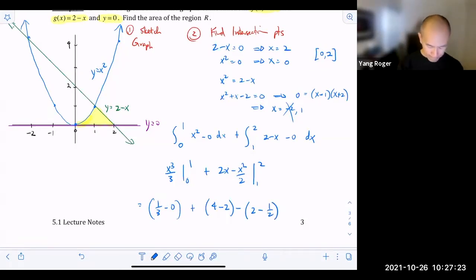So when we simplify this down, you get some number. What number do we get here? We're going to get 1/3 plus 1/2. I think that's going to give us 5/6 units squared. That'd be our final answer.